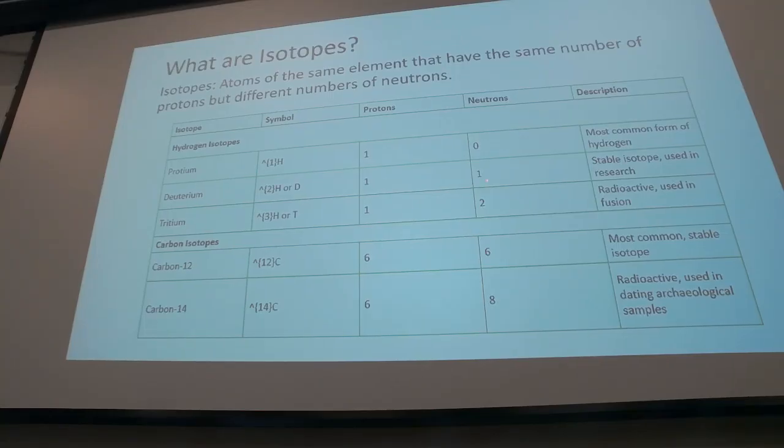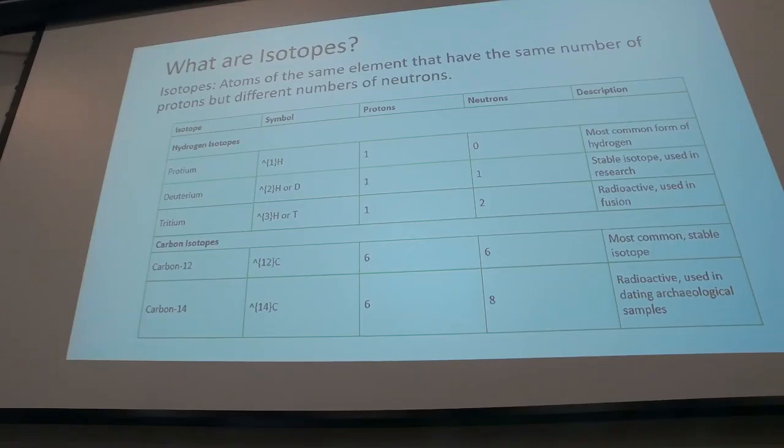This one has 1 proton and 1 neutron. This is a stable isotope that is used in research. And then we have another one called tritium, which has 1 proton, but it has 2 neutrons. And this is radioactive and can be used in fusion. The H-bomb was made out of this.